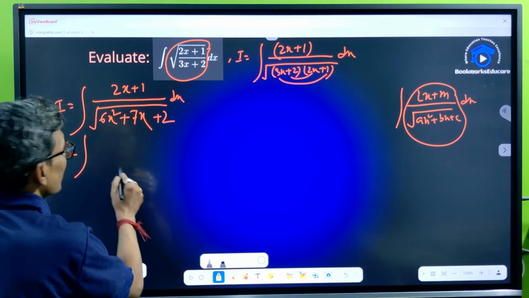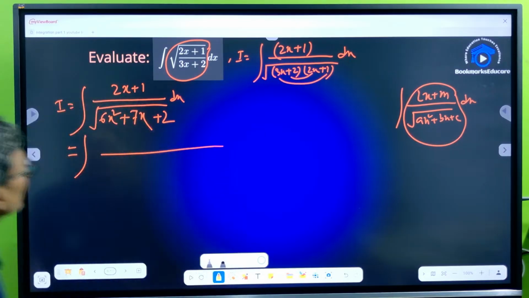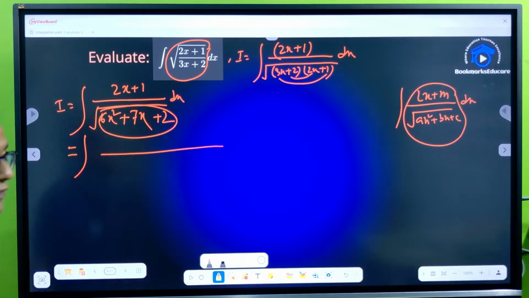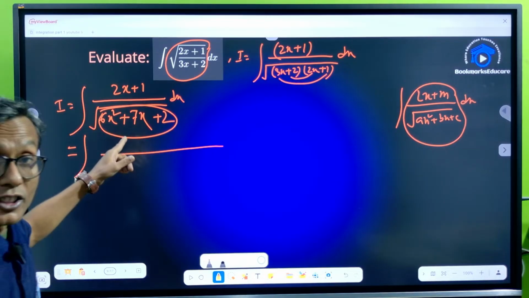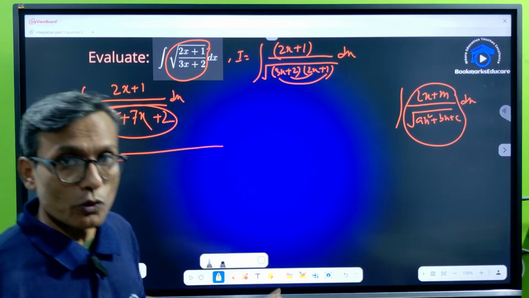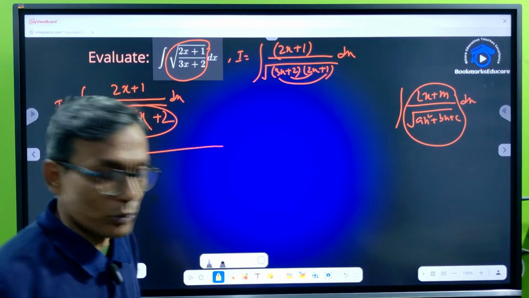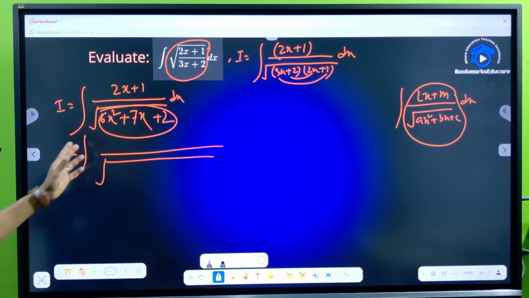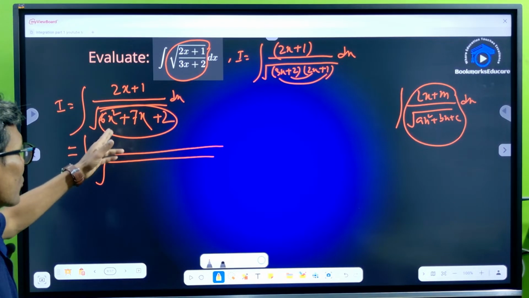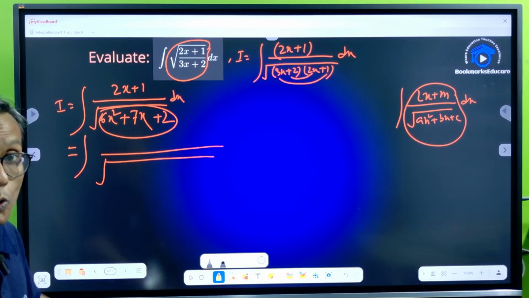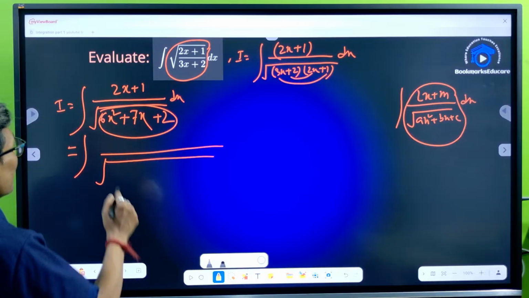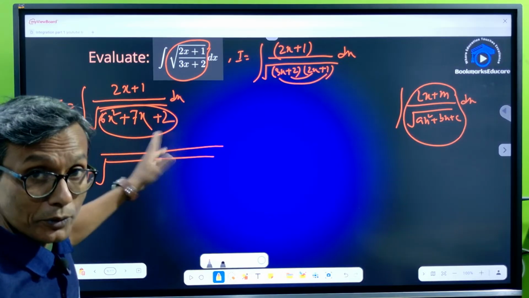First of all, we have to find out the derivative of the denominator except the square root. That means we have to find the differentiation of x square plus 7x plus 2, and that will be put in the place of the numerator.